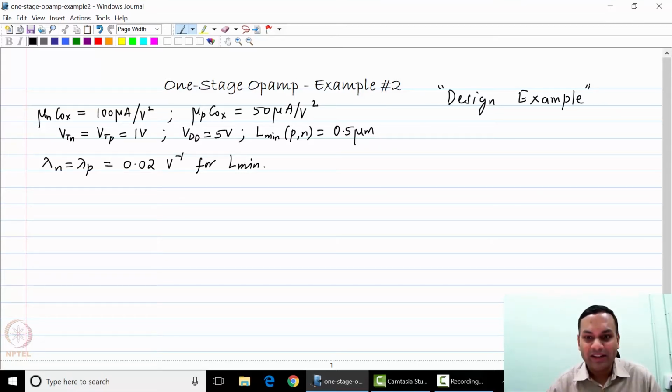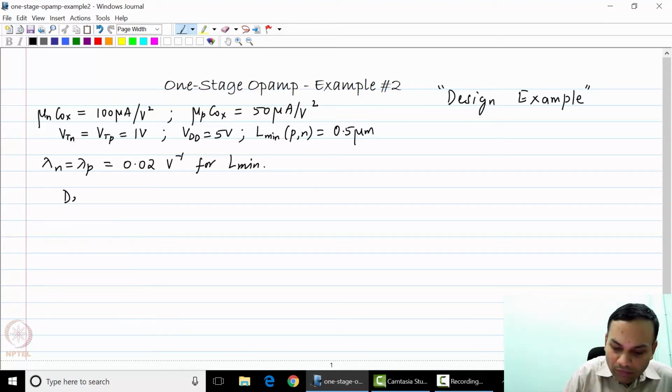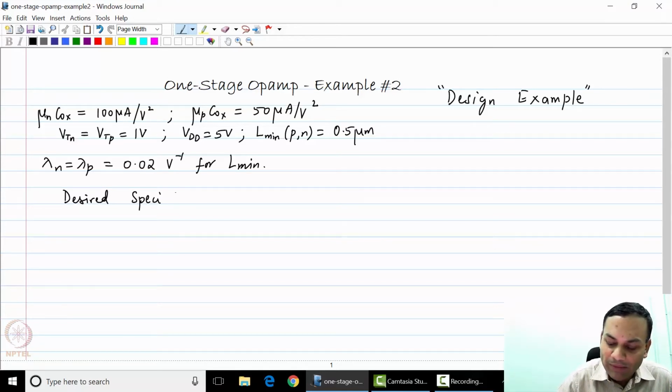So these are the device parameters. So let us now list out the specifications. So these are the desired specifications of the op-amp.